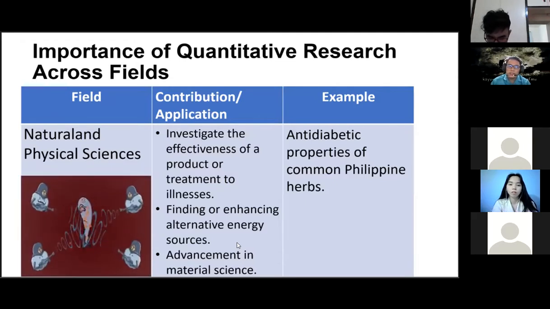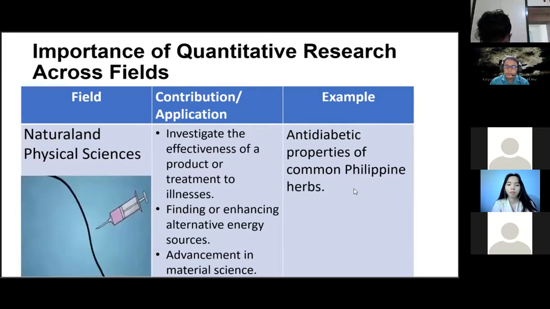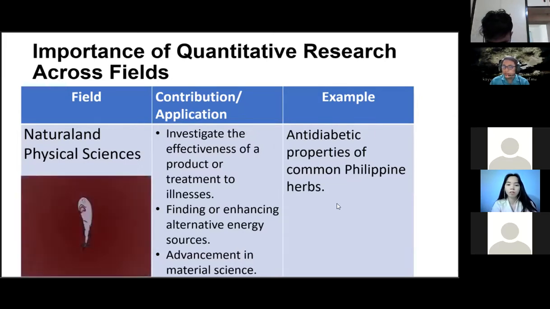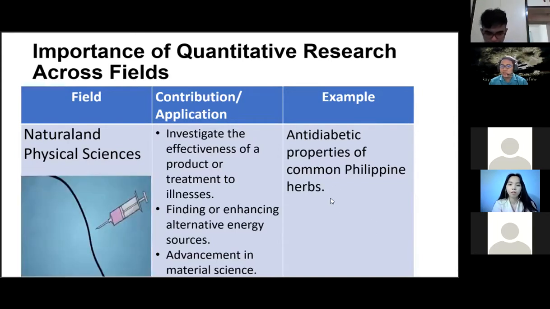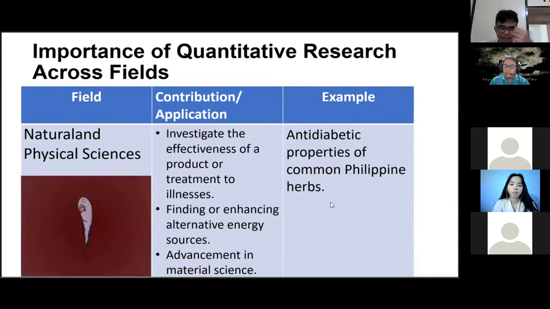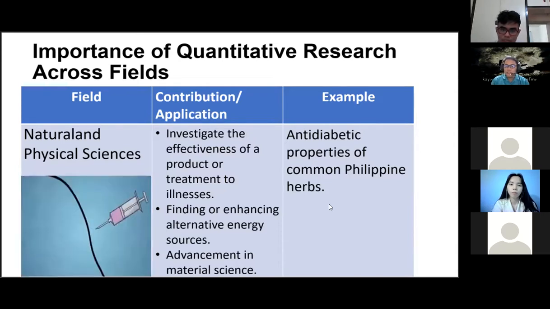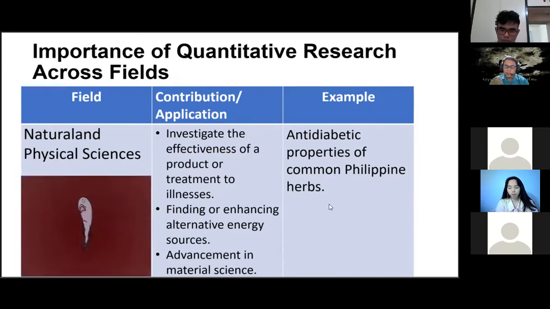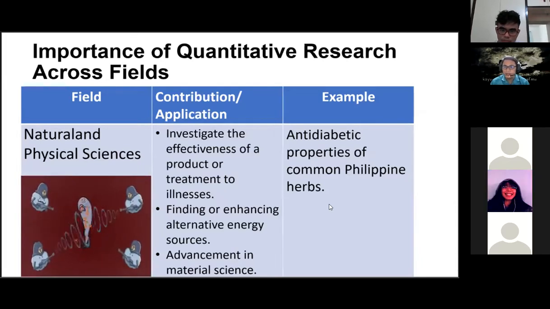An example of this is the anti-diabetic properties of common Philippine herbs. Due to research, we now know that there are anti-diabetic properties in those common Philippine herbs, the herbal medicines of the Philippines.